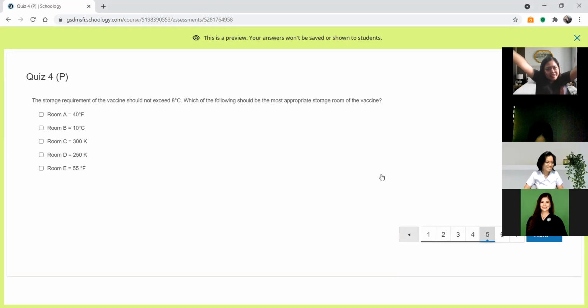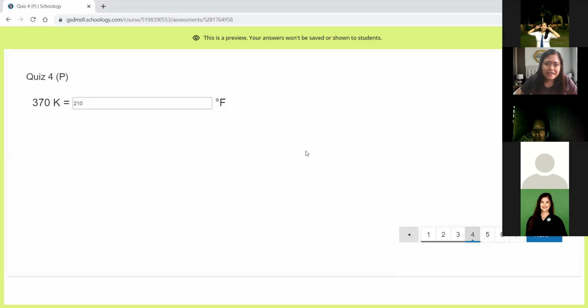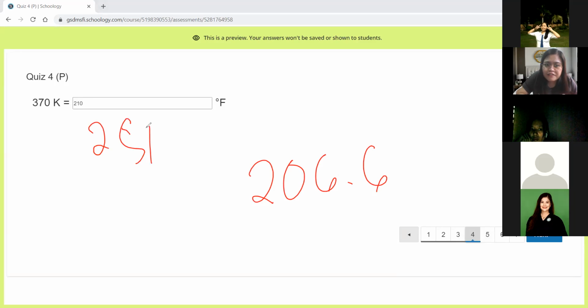Next. This one, class, if you noticed, the choices are different. Yes, Justin, you have a question? Ma'am, why is there a plus 1? Why is there a plus 1? Remember, the answer is 206.6. We will round it off, since we need to keep 2 significant figures. So this is 1. This is 2. This is 2 significant figures.